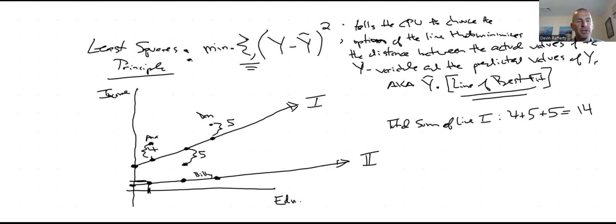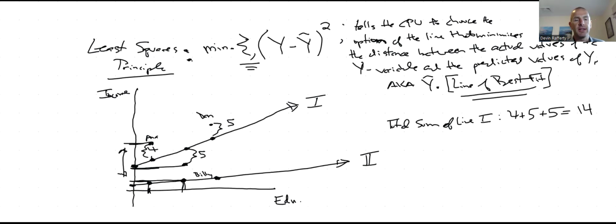But in reality, we just saw that based upon this much education, Anna is actually making this much money. Okay, so there's a gap there. Based upon this much education for Billy, line 2 thinks he should be down here. But in reality, Billy's around here. So Billy's doing all right there compared to what line 2 expects him to be doing.